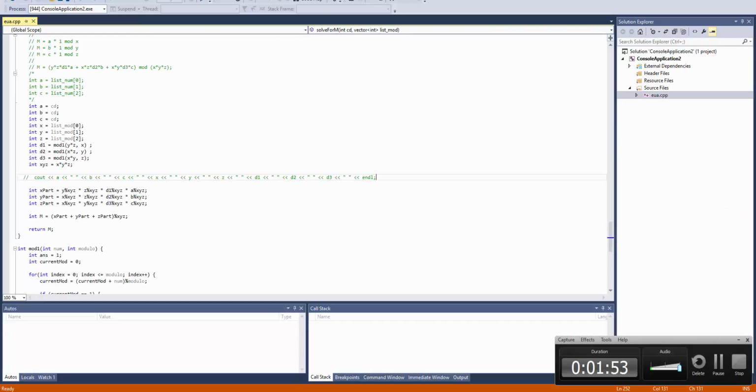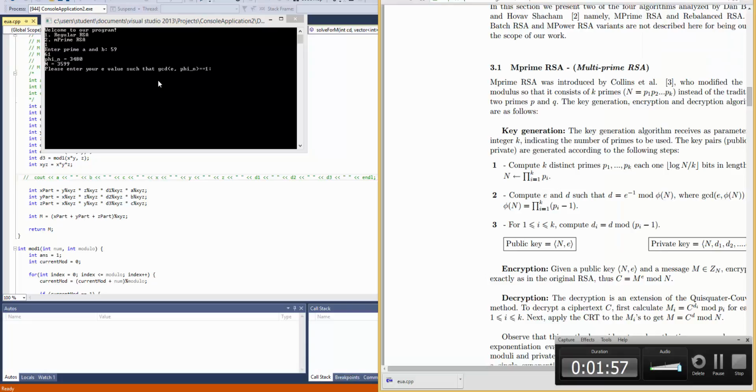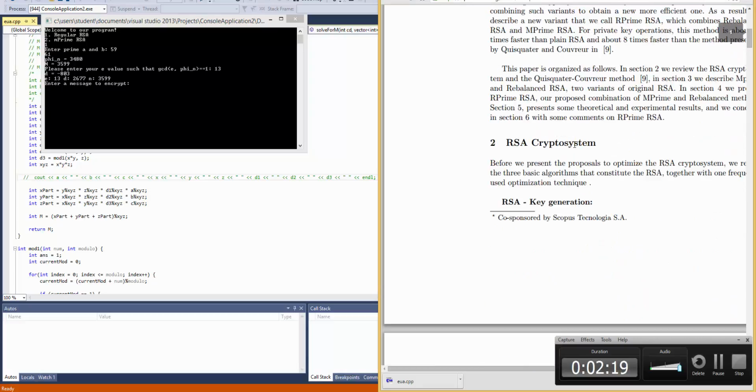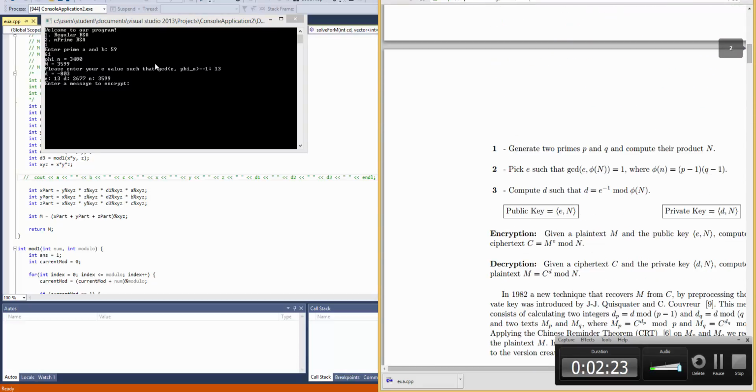Okay. So it's going to ask us to enter number E, which is a number such that the GCD of E and phi n is 1, and 13 is that number. Phi n is going to be A minus 1 times B minus 1, and our n is going to be A times B, as you can see from the steps.